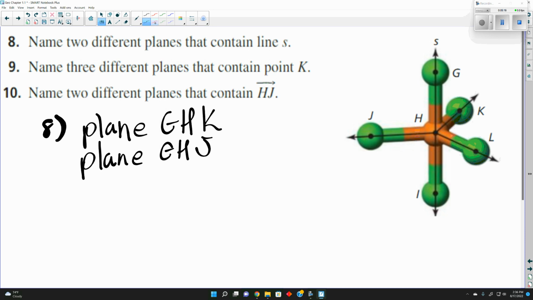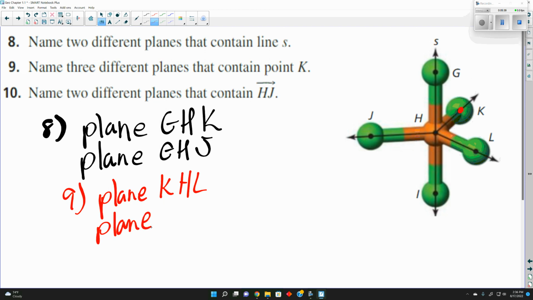Let's switch colors. Number 9. Name 3 different planes that contain point K. So point K, sorry, I call it KHL. So we have the plane going flat, yes?